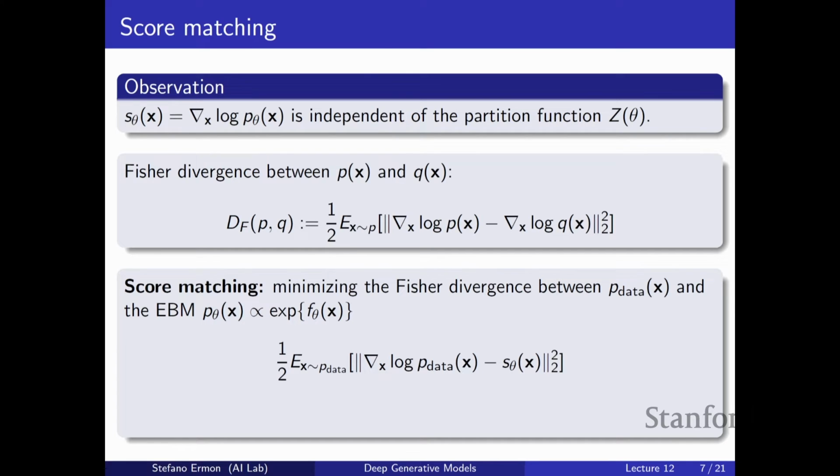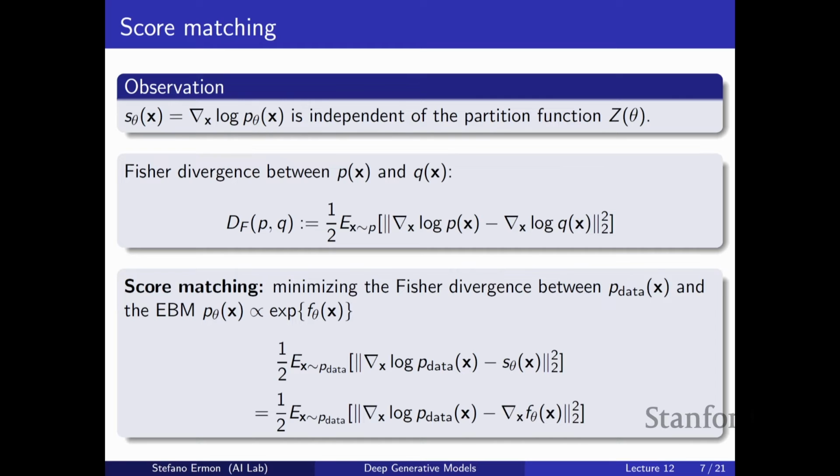And then if you evaluate that Fisher divergence between the data density and the model density, you get this kind of thing, or equivalently, this sort of thing, where you take an expectation with respect to the data distribution of the difference between the gradient of the true data generating process and what's given by the model. Also assuming that P data is continuous.